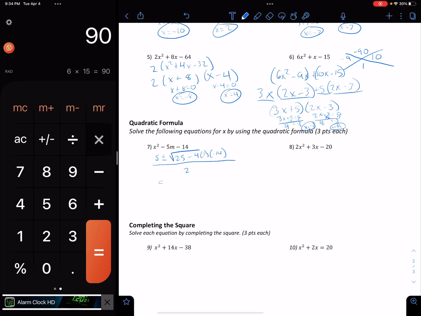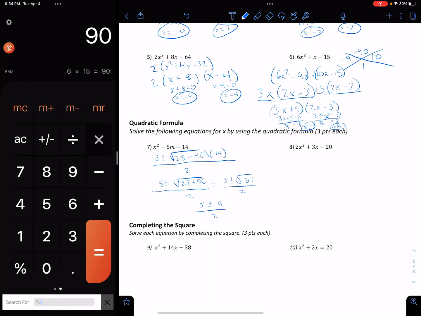So I combine what's on the inside now. 5 plus or minus the square root of 25 plus, looks like 56, all over 2. So I have 5 plus or minus square root of 81 over 2. And I have 5 plus or minus 9 over 2.